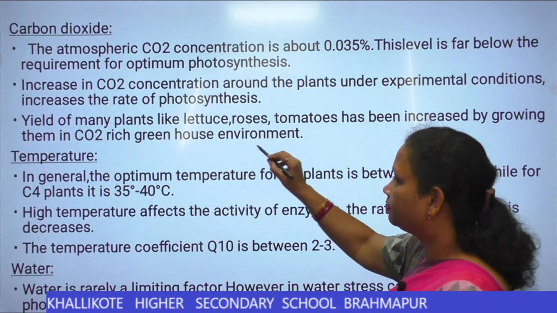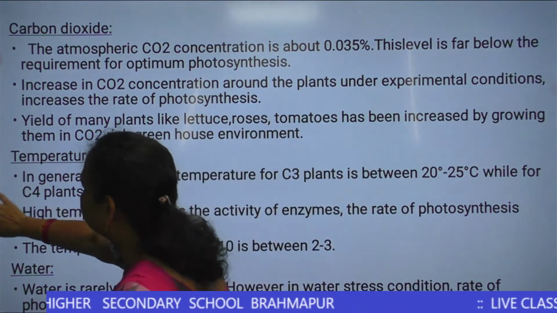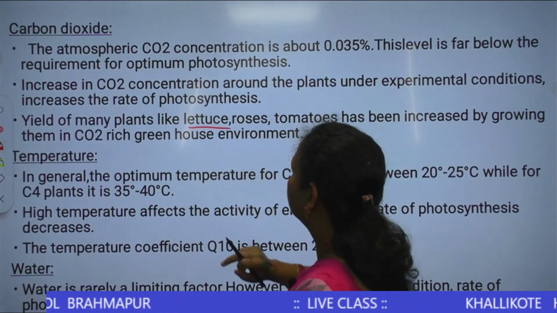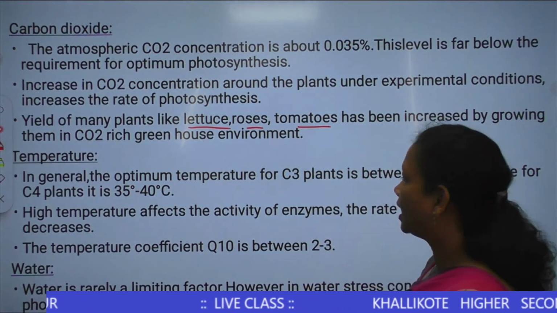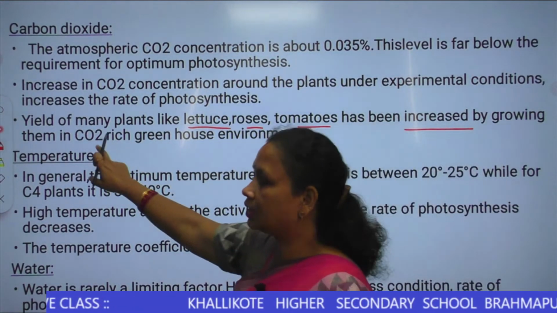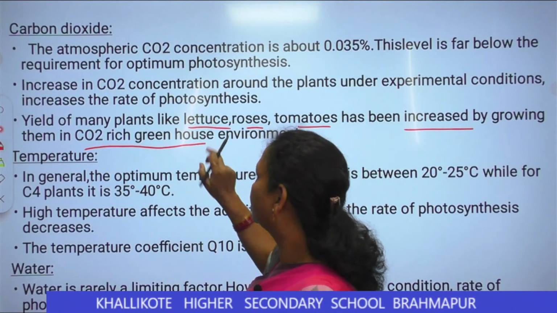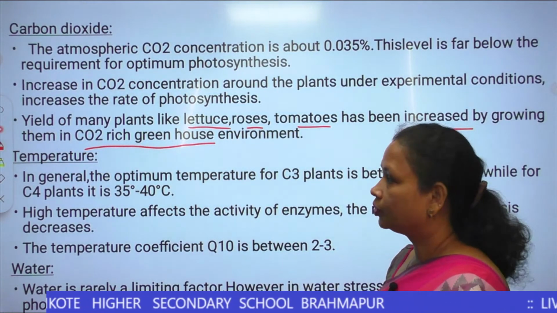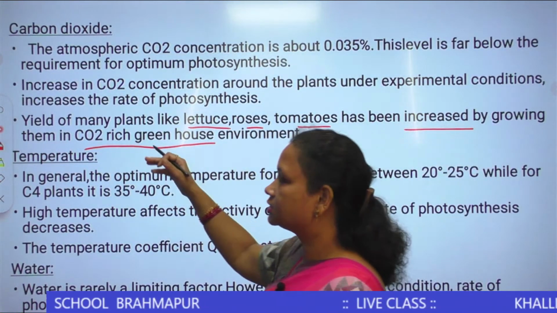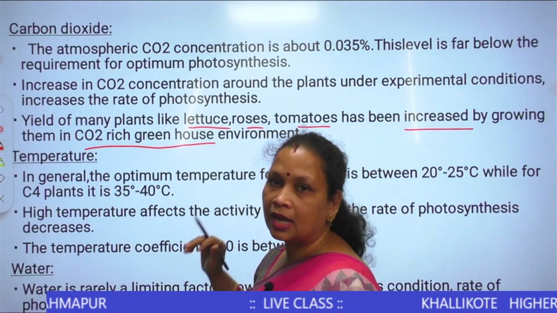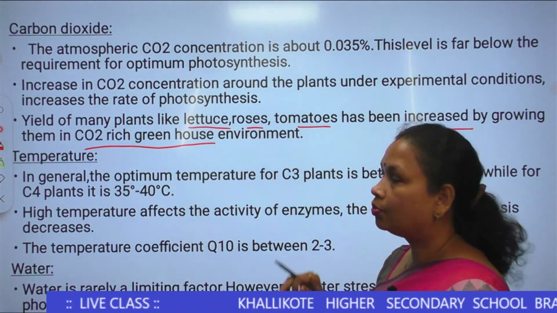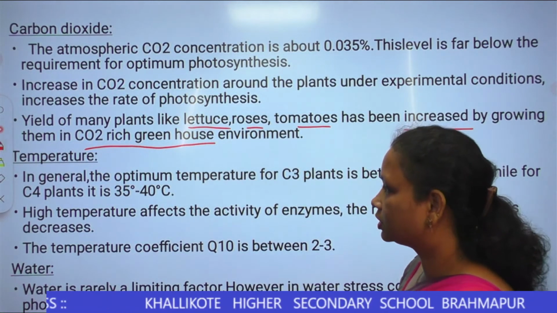The yield of many plants like lettuce, which is your salad leaf, roses and tomatoes has also been increased artificially by growing them in a carbon dioxide rich greenhouse environment. So, you can increase the photosynthetic efficiency by artificially increasing the carbon dioxide, but a very high concentration of carbon dioxide will decrease the photosynthetic efficiency.